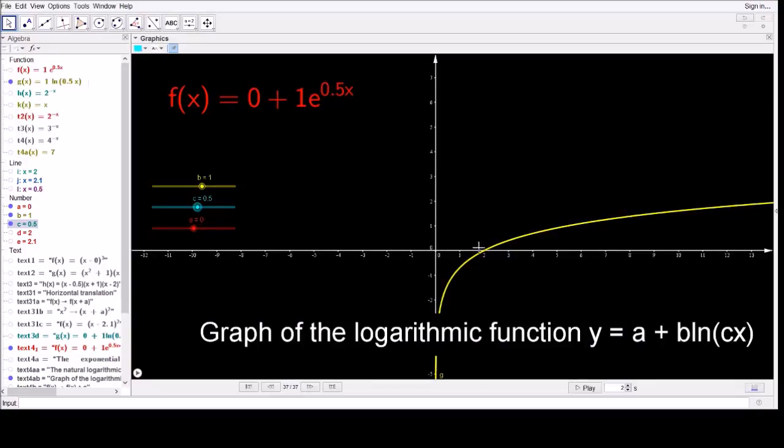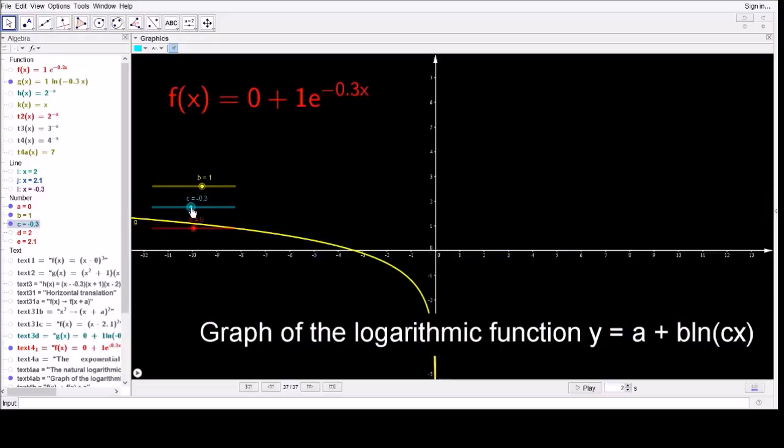And as we can see, it cuts the x-axis at 2, 0. Well, I'm sure we can guess that when c is negative, we'll have a reflection in the y-axis. So, when c is negative 0.5, it's a reflection of the case where c is equal to positive 0.5. We can see that it's cutting the x-axis at minus 2, 0.